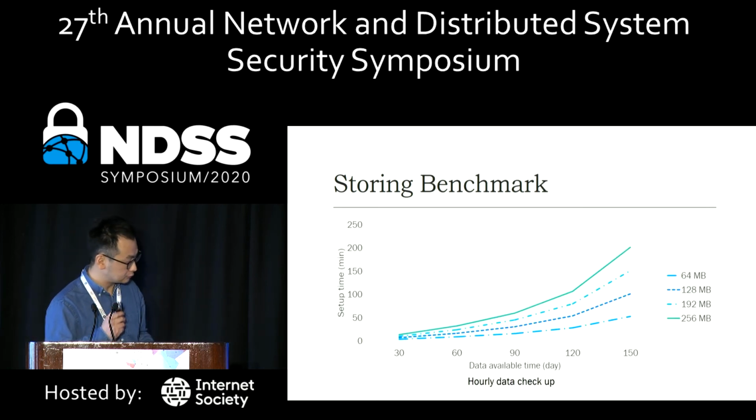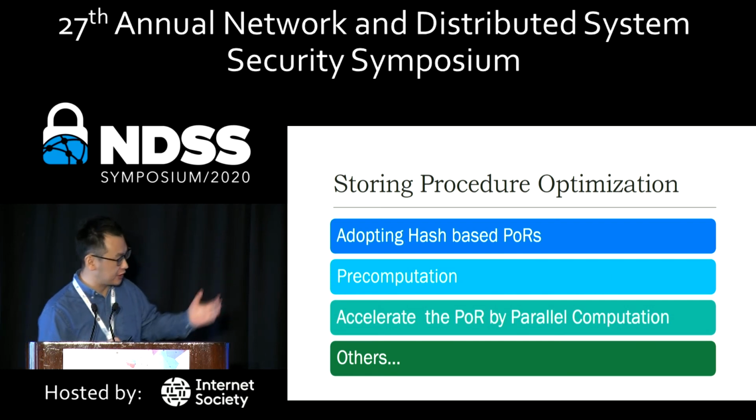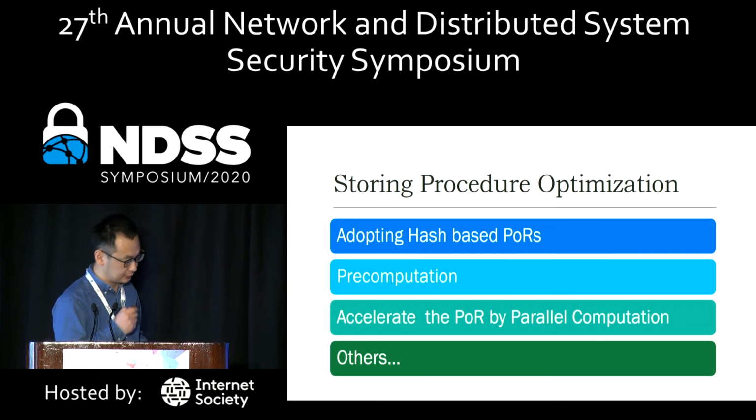Also, the computation of the POR can be optimized by pre-computation, and of course, it can be accelerated by parallel computing. And we believe there may be further methods to optimize the storing procedure.